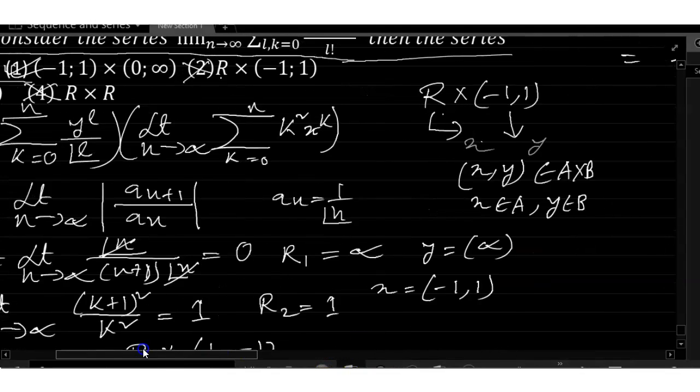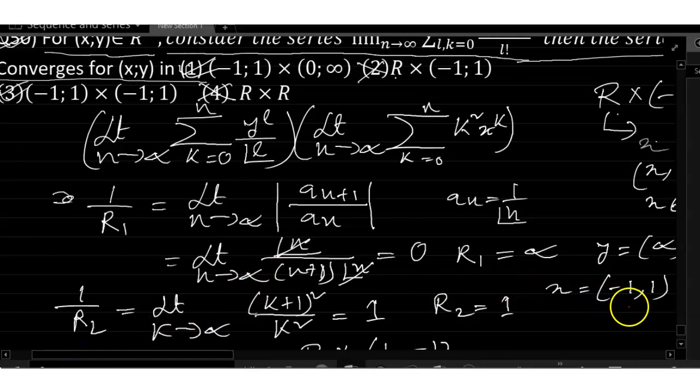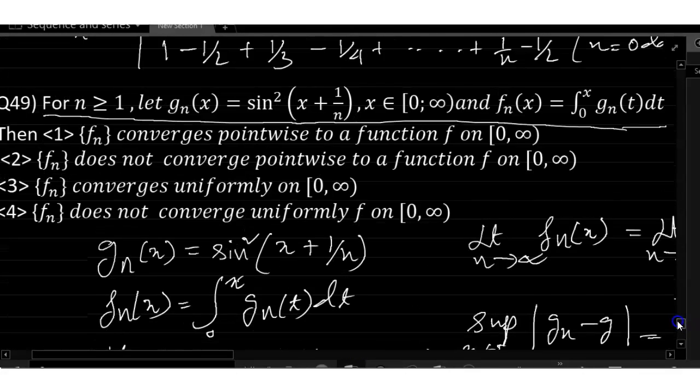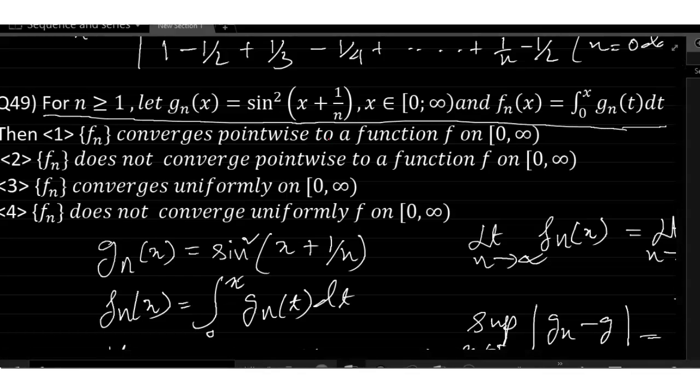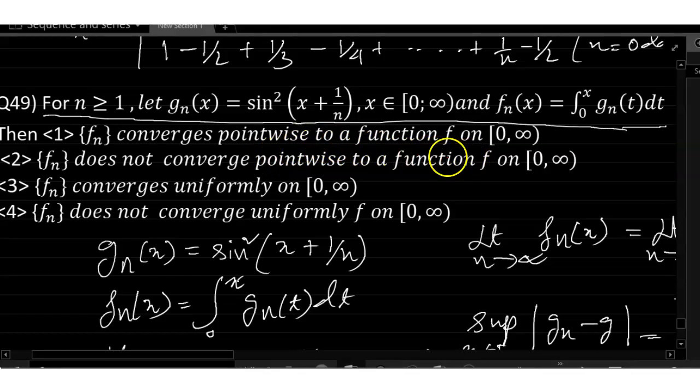So our assumption, fn(x) converges pointwise to a function f, and it is also uniformly convergent.